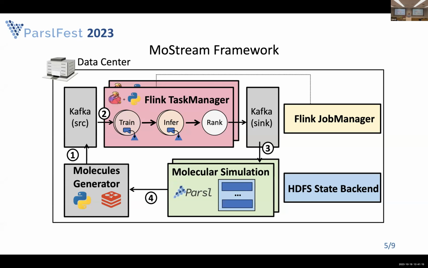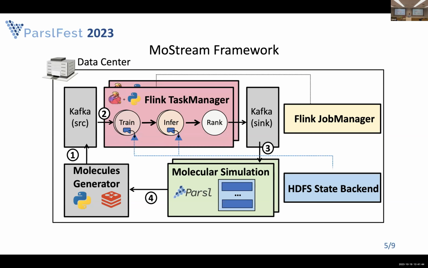And further, it will compute the target IPs using Parsl to conduct the molecular simulations. Here we notice the train and the infer operators are stateful instances. So we keep a batch of molecules as the local training dataset, and also we preserve the updated model weights in the train operator. For the infer operator, we keep a batch of unsearched molecules at runtime.